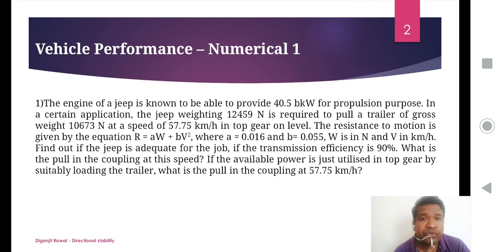So here we have to find out whether the Jeep is adequate for the job or not. Is the Jeep doing its work or not? So we have to calculate R and F. Again, we have to consider transmission efficiency eta T is equal to 0.9, and we have to also calculate the pull in the coupling at this speed.